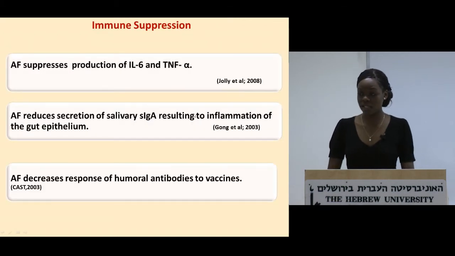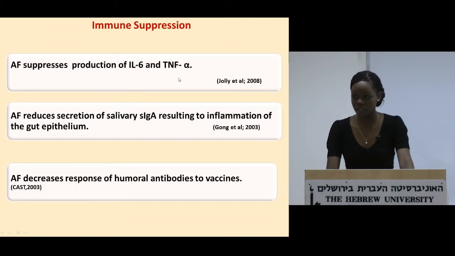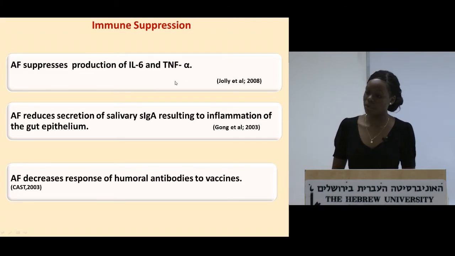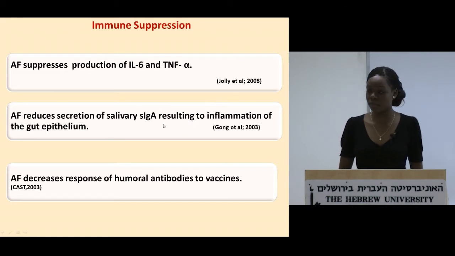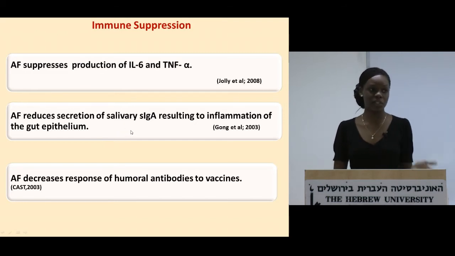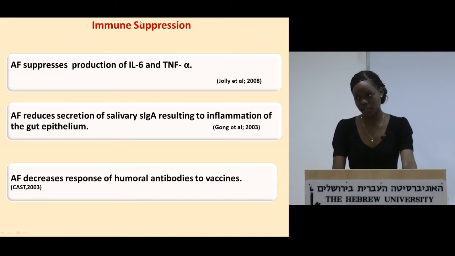It also reduces secretion of salivary IgM, which results in inflammation of the gut epithelium. Aflatoxin also decreases the humoral antibody response to vaccines. So once a child is exposed, even if they are vaccinated, the vaccines are not as efficient as in a child who is not exposed to aflatoxins.